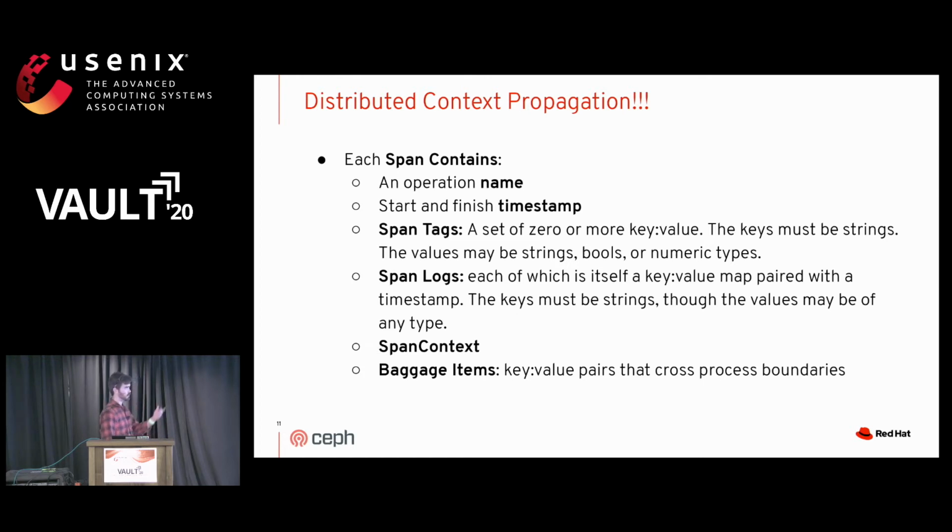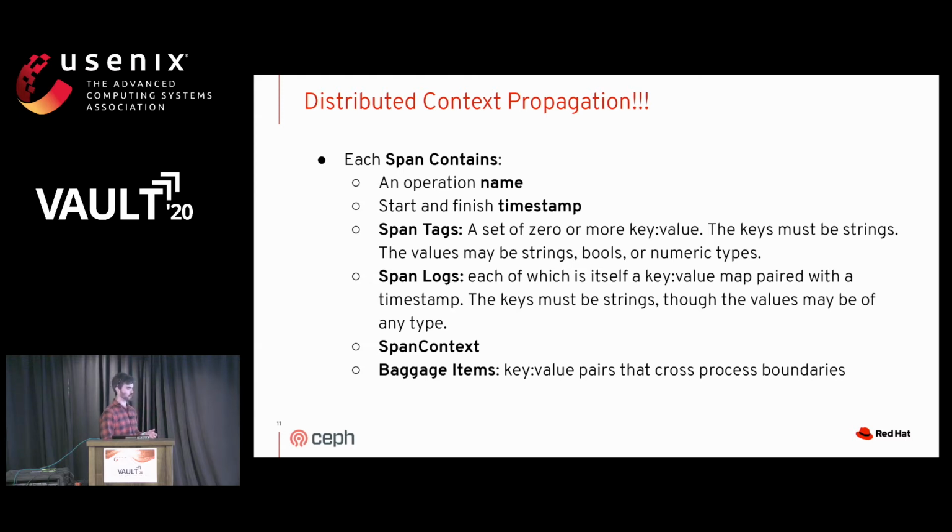So each one has an operation name, a start and finish timestamp, and a set of arbitrary key value pairs that represent span tags. These could be used to disambiguate reads from writes, or write size or read size, ways we can later refine queries to find out what exactly was happening during a particular time period.